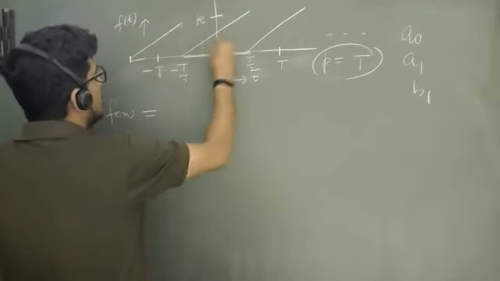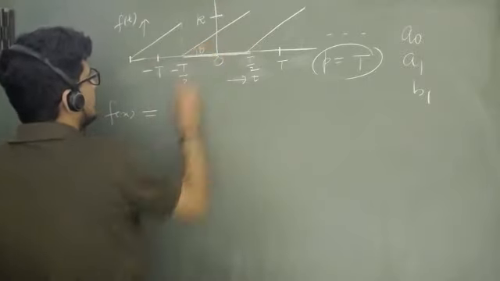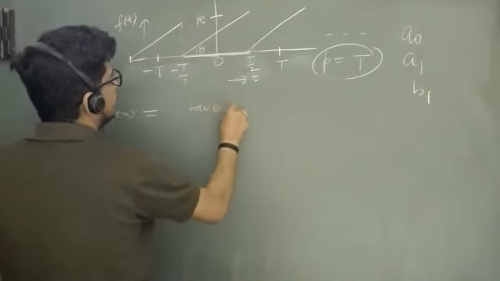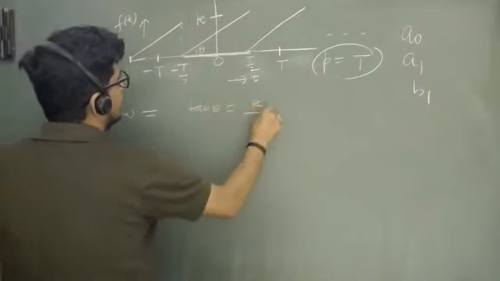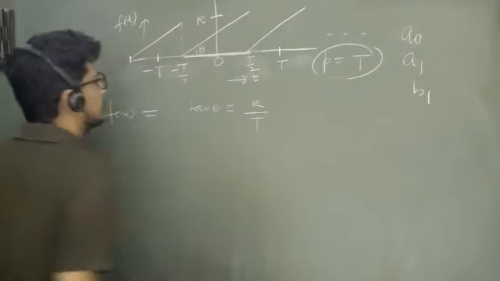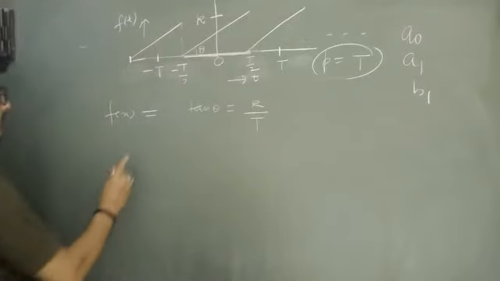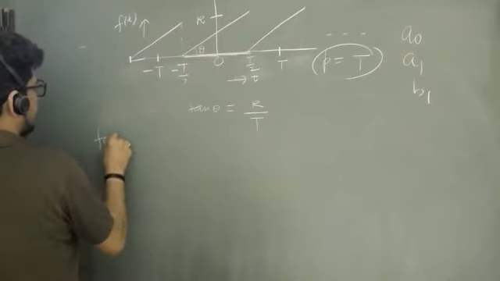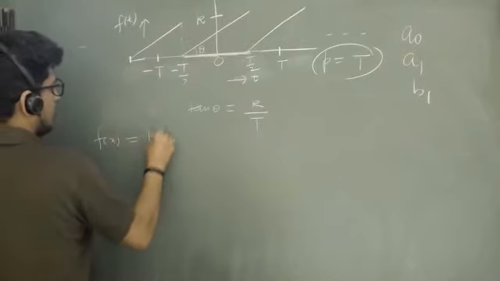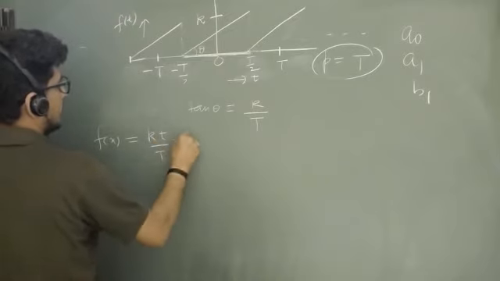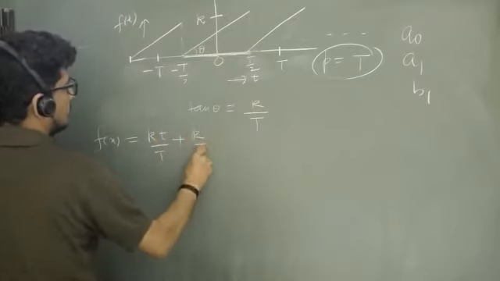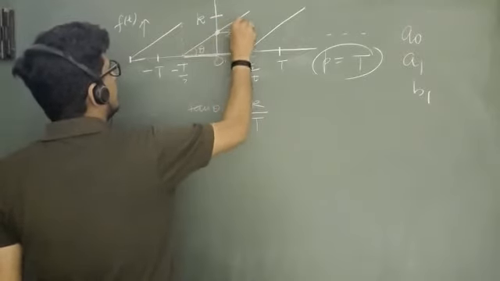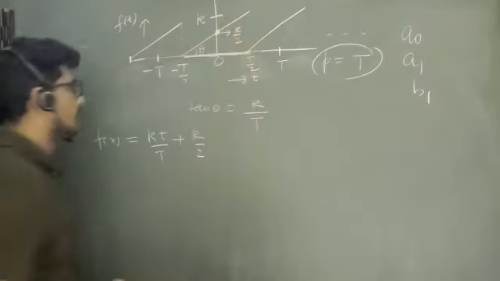And what is this slope actually? Tan theta is k by T. And f(t) will become kt by T plus k by 2, where it is hitting the axis at k by 2.